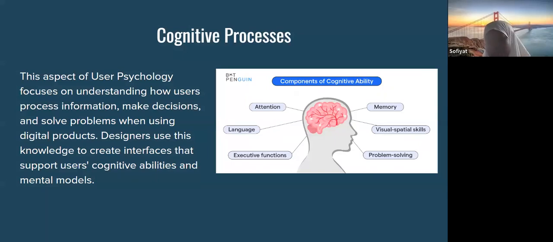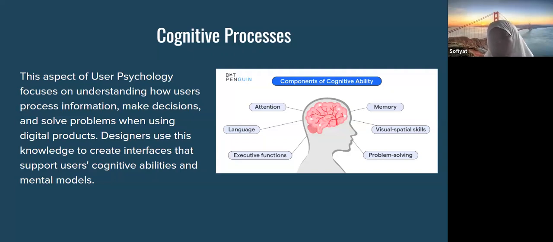Now, like I said about what psychology is, I need to understand how your user reacts and makes decisions. If you want to solve problems for your user, you need to know how they feel, because there are some challenges they have, and to know them very well, you have to meet them. So you have to understand their problems so that you can solve them. The designer uses this knowledge to create interfaces that support the user's cognitive ability and mental model.